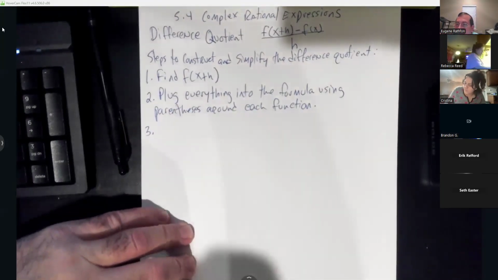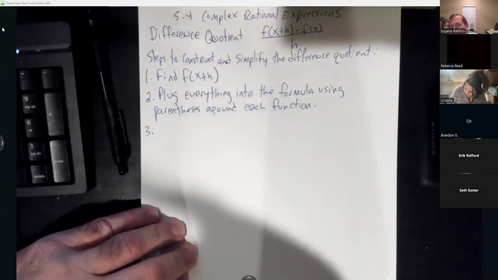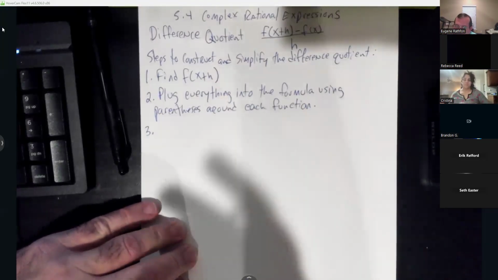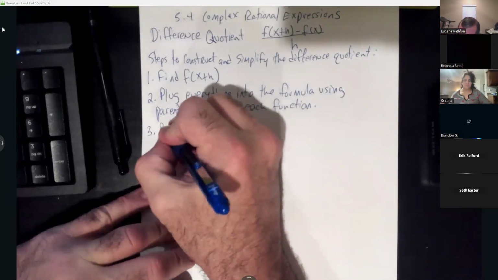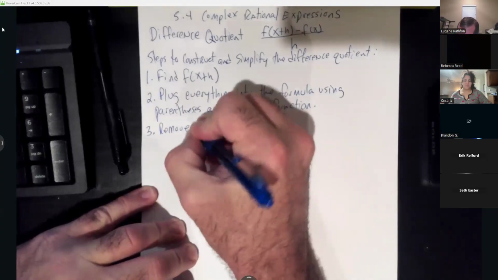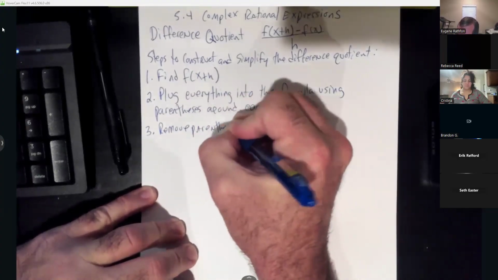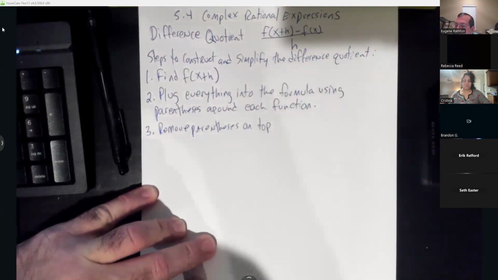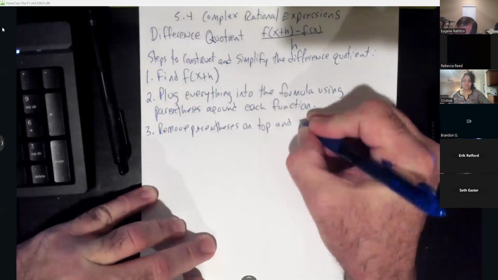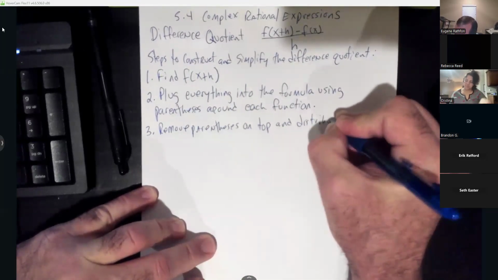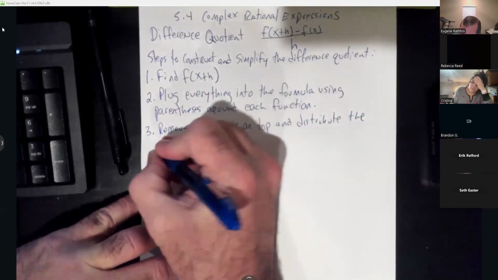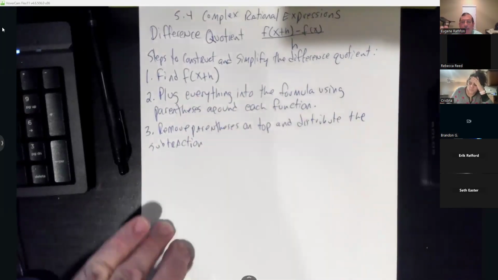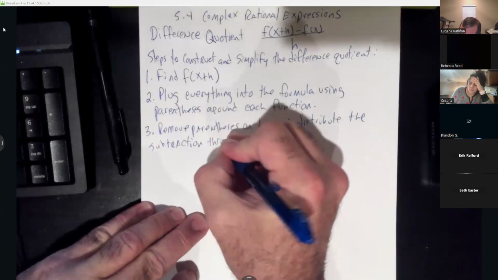Okay, so now I'm going to play with the top because the bottom's just got that h under there, right? So what I'm going to do is I'm going to play around on the top. I'm going to remove parentheses on top and distribute the subtraction through the second parentheses.